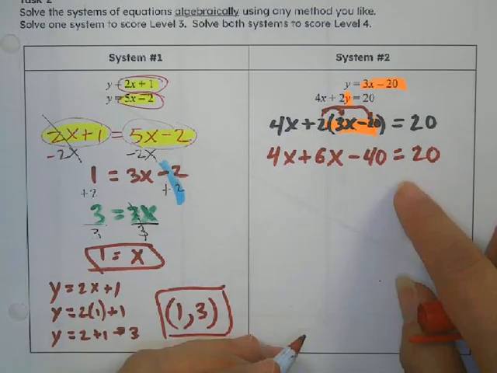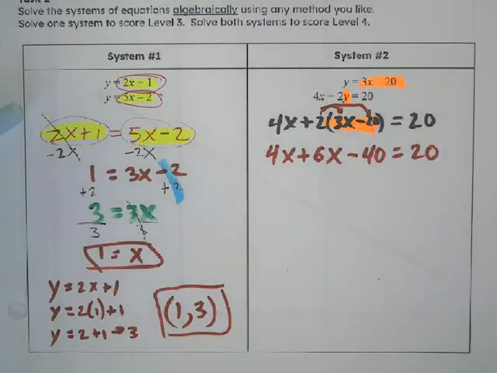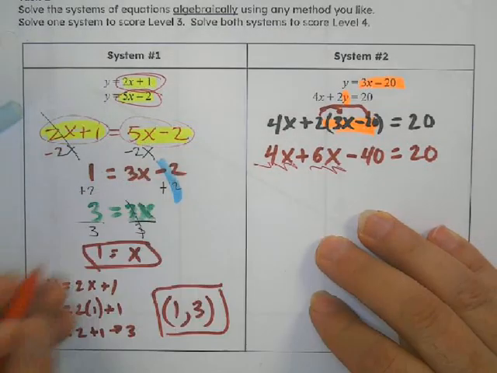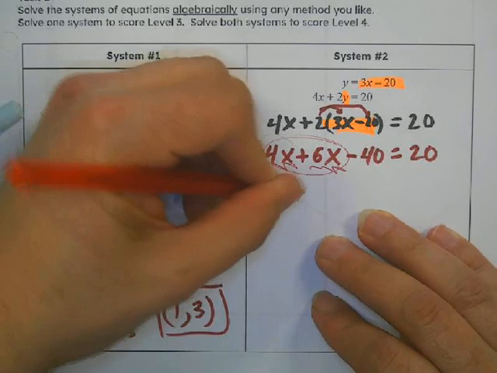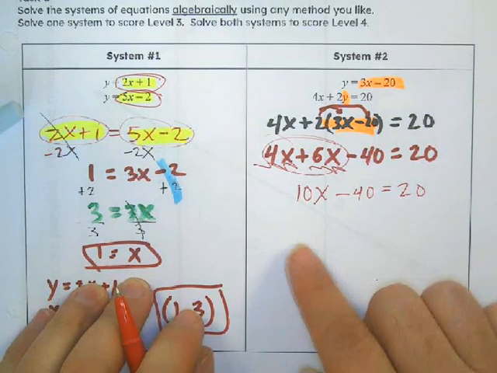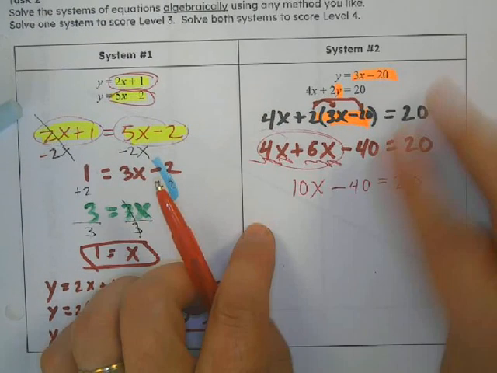On this side of the equation, I'm going to combine the 4x and the 6x, which add up to 10x. There's no subtracting 4x on both sides, because they're on the same side of the equal sign. So I combine the terms on the same side.